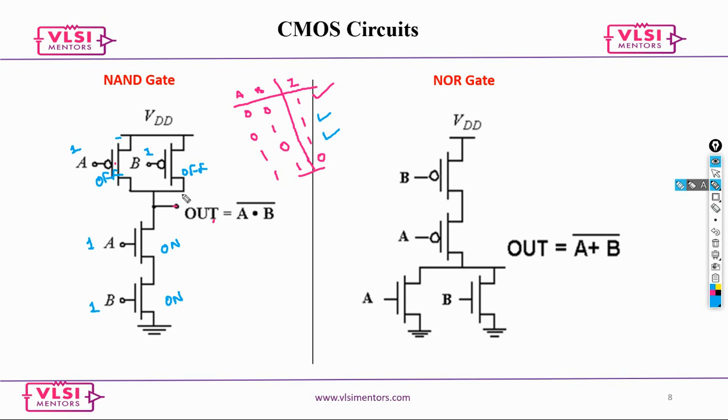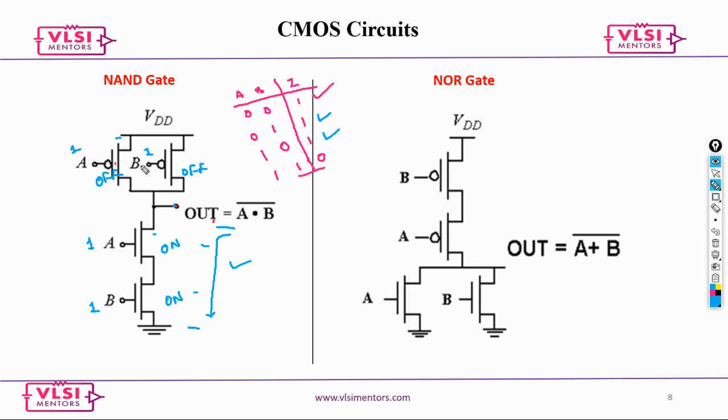Now if you look here, is there a direct path from out to ground? Because both the transistors are on, there is a path. So that means this is valid.